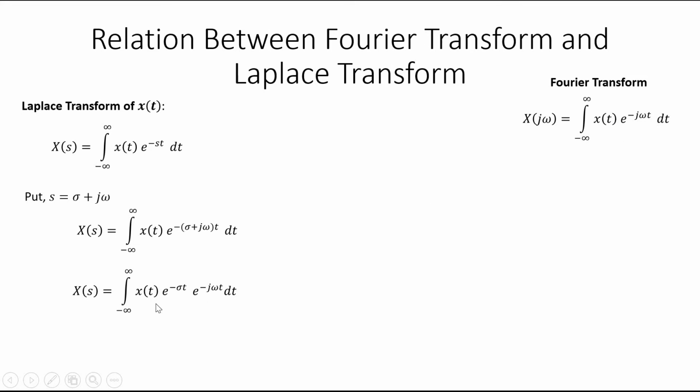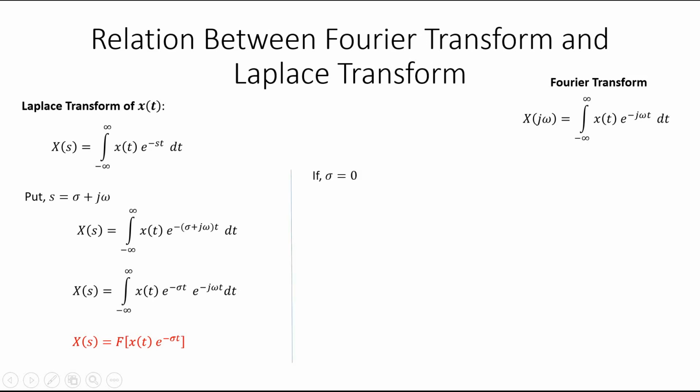Comparing these two, instead of x of t, here it is x of t into e raised to minus sigma t. Means this is the Fourier transform of the function x of t into e raised to minus sigma t. So the Laplace transform of x of t is the Fourier transform of x of t into e raised to minus sigma t. That is the relation between the Fourier transform and the Laplace transform.